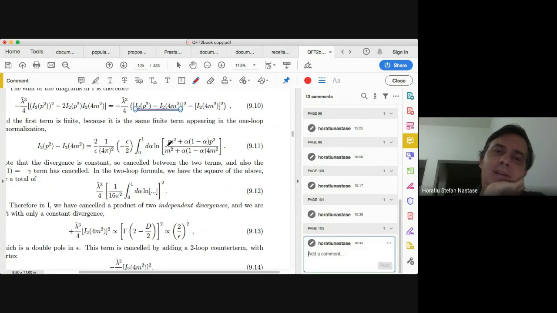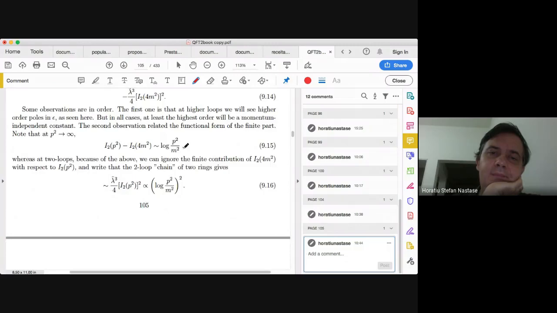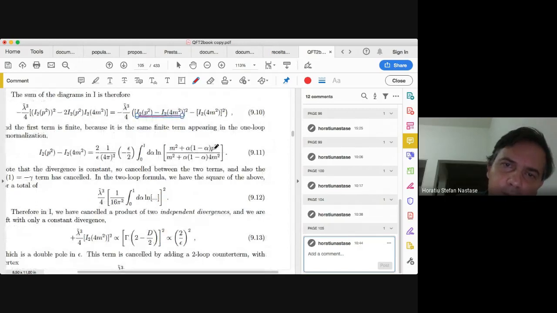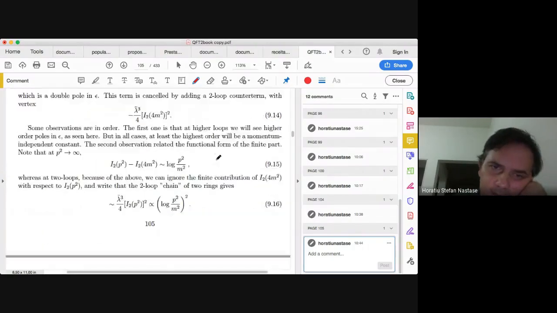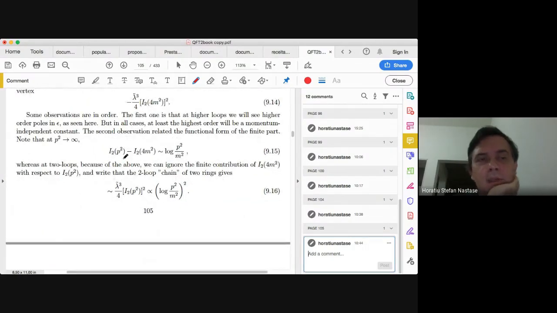So actually this whole thing will depend on log p squared over m squared, at least if p goes to infinity, because in that case I can just ignore the 1 in here, and then I get log of p squared over 4m squared. So when p squared goes to infinity, this one depends on log of p squared over m squared.